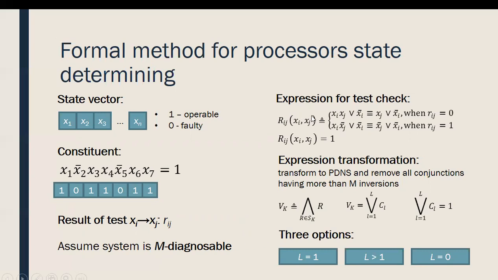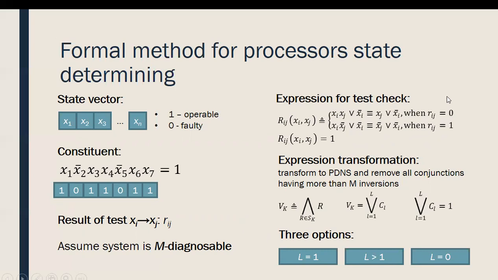For each test check, it's proposed to build some expression according to the result of this test check. It will be this or this, depending on the result of this test check. As I said, test check means testing of one processor by another processor.